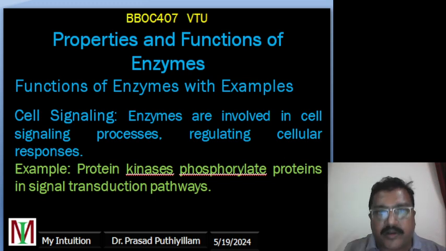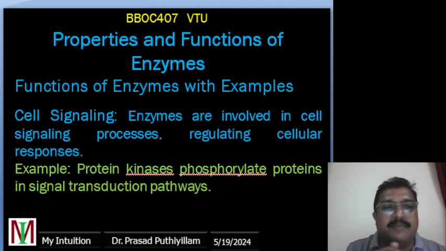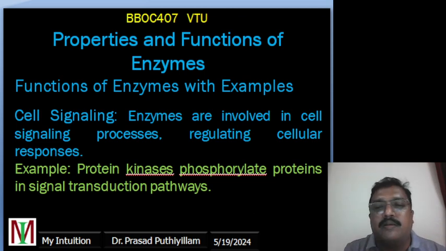If a cell needs something to be prepared or some assistance is required, that particular molecule will be generated or transferred. So proper communication is required. For example, protein kinases are like messengers which add phosphate groups to other proteins, changing their activity and influencing cellular behavior.